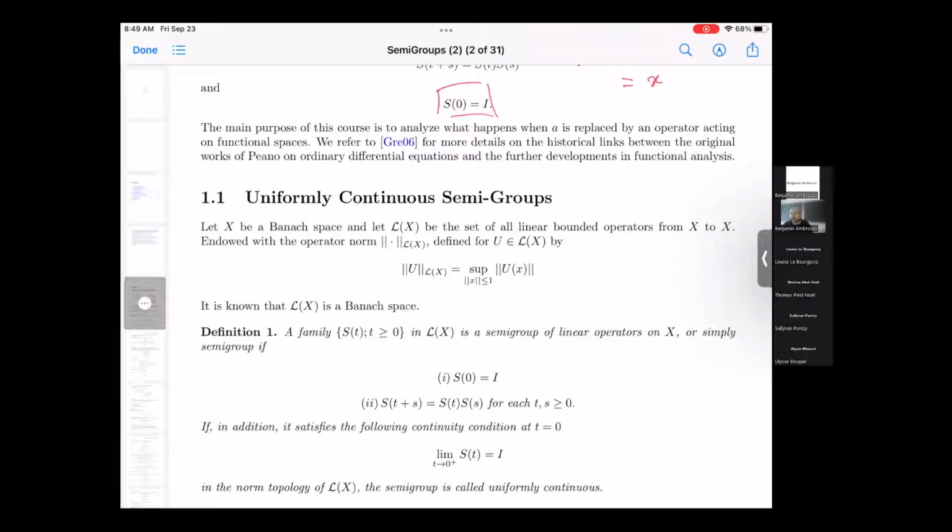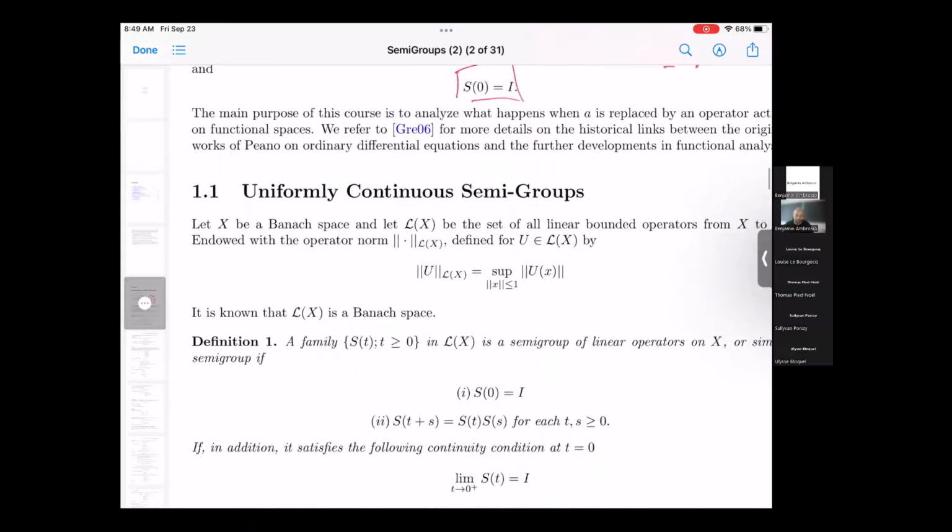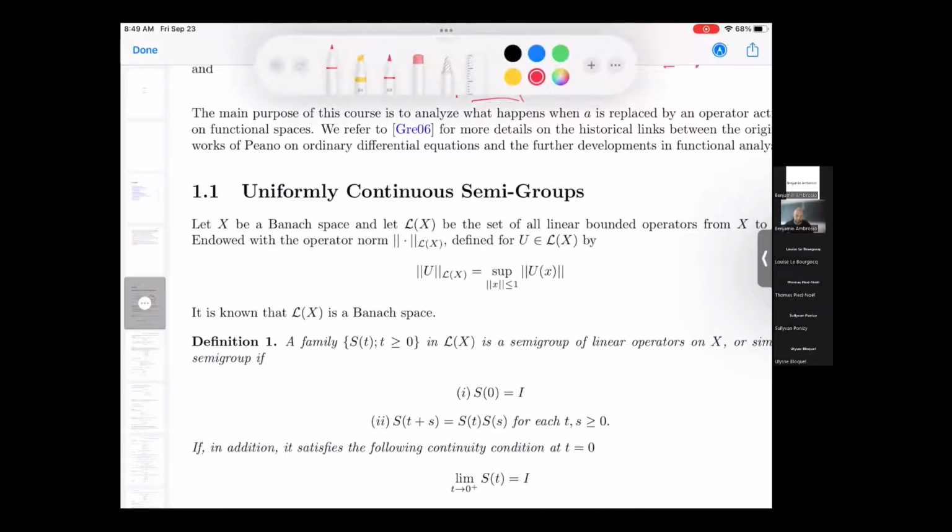There are several ways, as you know, to define the operator norm, but it's this object here. It's known that L of X with this norm is a Banach space.